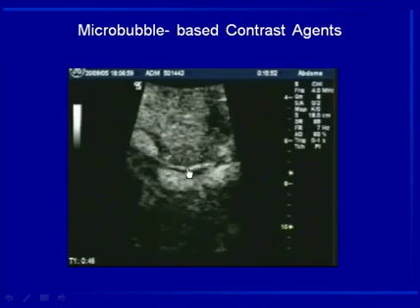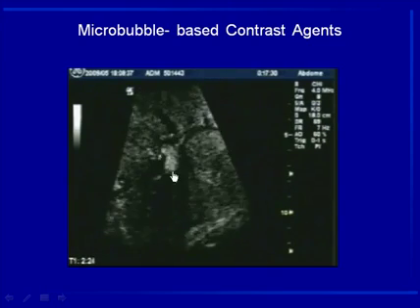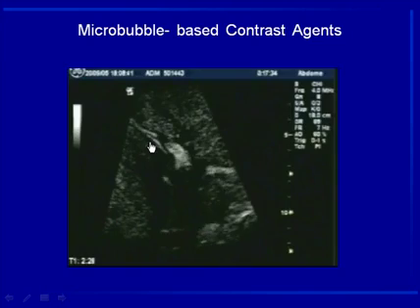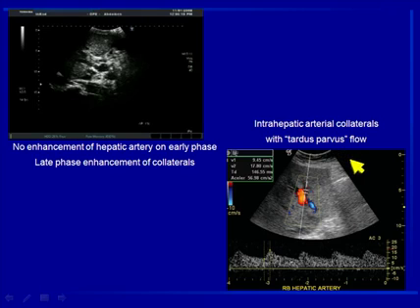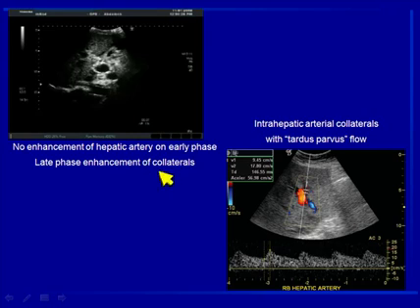Again, we can see the main hepatic artery in a cross-section view and the branch of the left lobe, the branch of segment 4. In this case, there is no enhancement of the hepatic artery on early phase and late phase enhancement of collaterals.